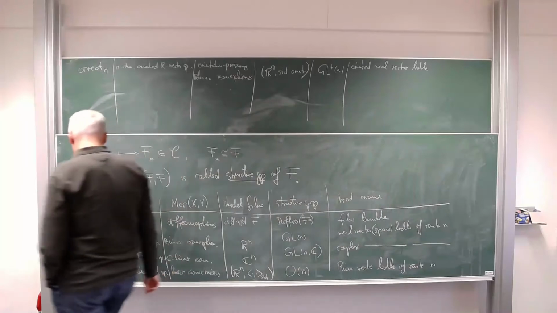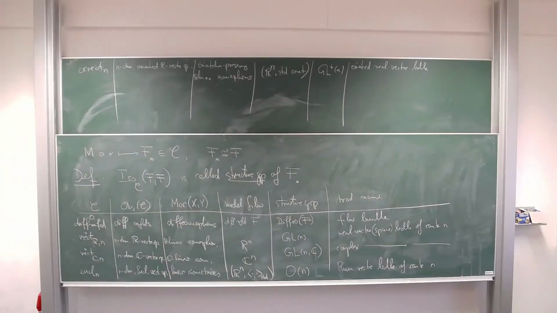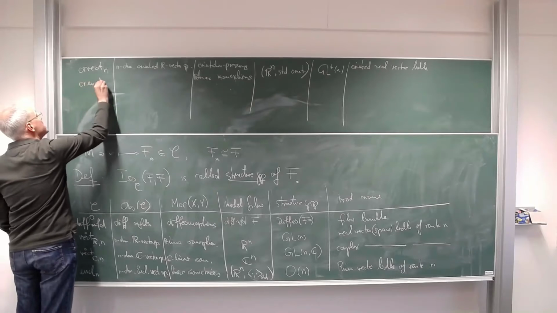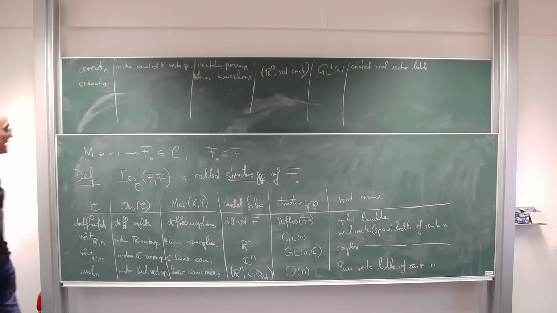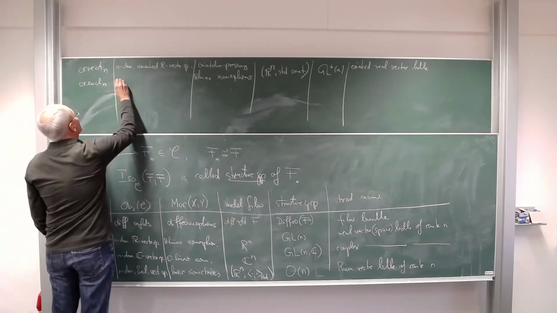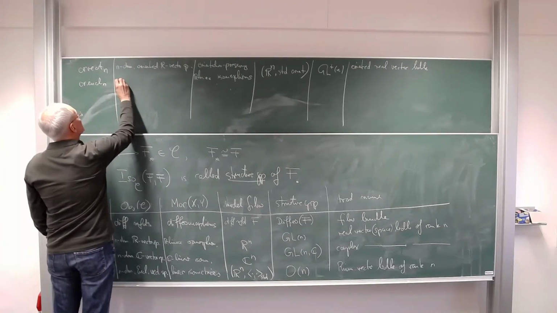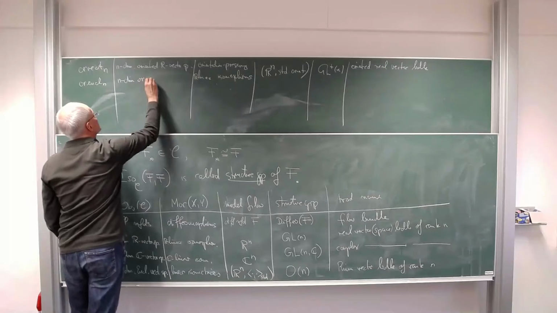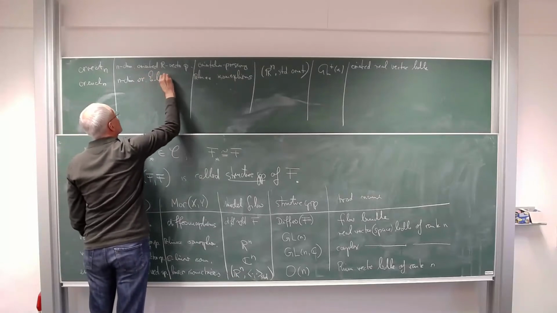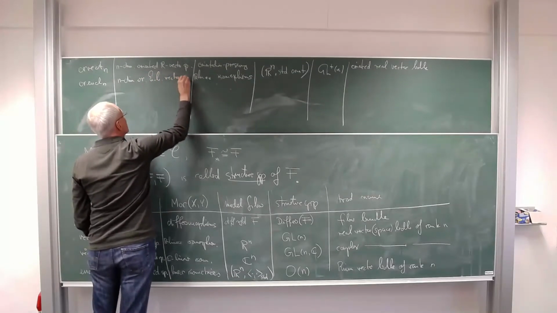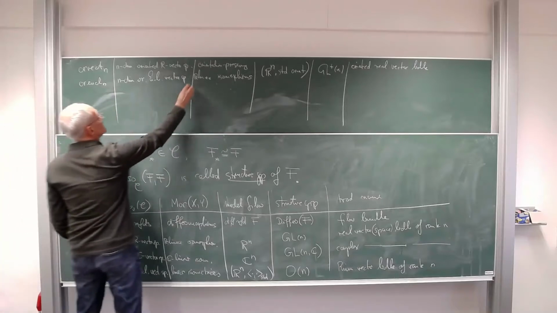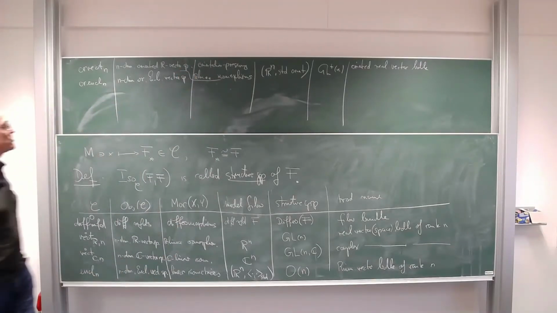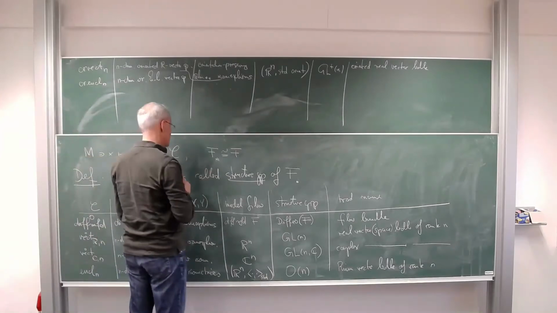What else? Well, we might combine the last two. In this case, we have n-dimensional oriented Euclidean vector spaces. Now we have both. We have a scalar product and an orientation, and the morphisms should preserve them.